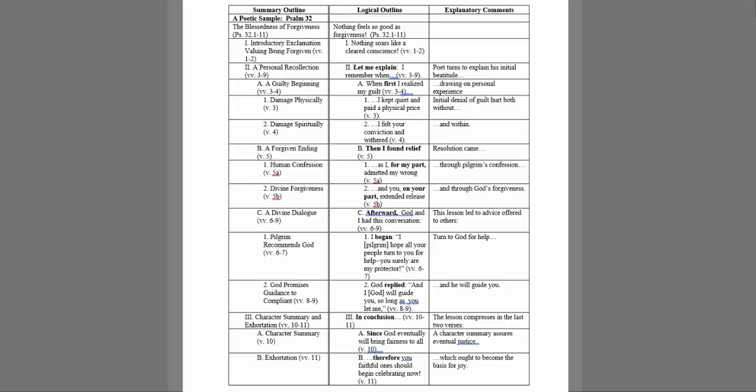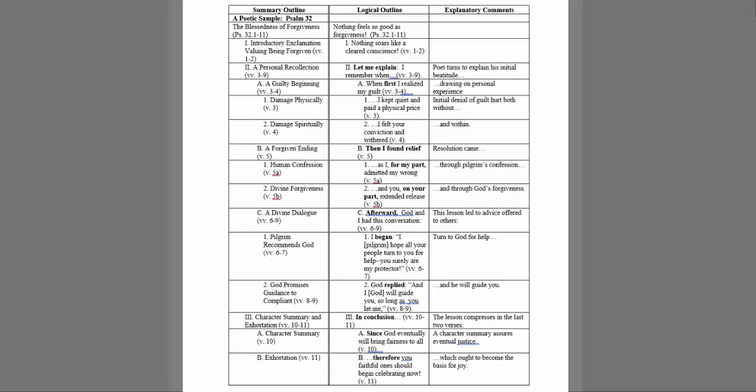So here we have Psalm 32. Title, again, logical outline. Column, nothing feels so good as forgiveness. Notice that heading 1 spans verses 1 and 2. We've just grouped those together with no further subordination. Roman numeral 2 says, let me explain. Explain what?